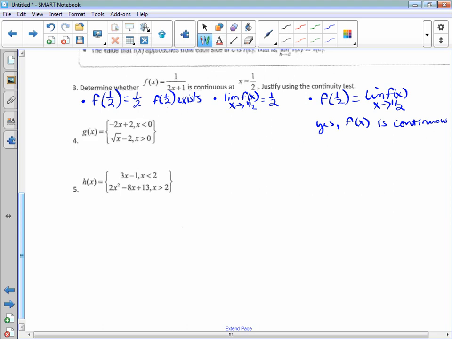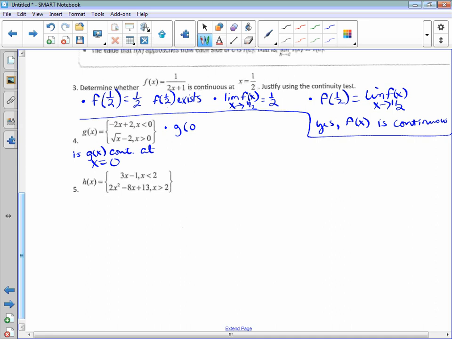All right, number 4, let's see if this is continuous. Is g of x continuous at x equals 0? Step 1, we would need to find g of 0. Can we do that?